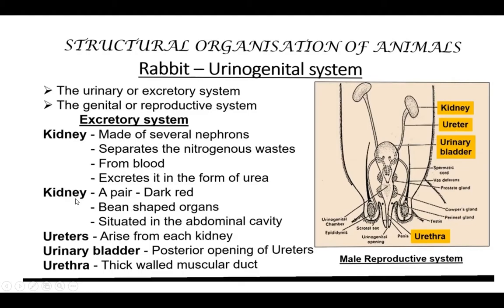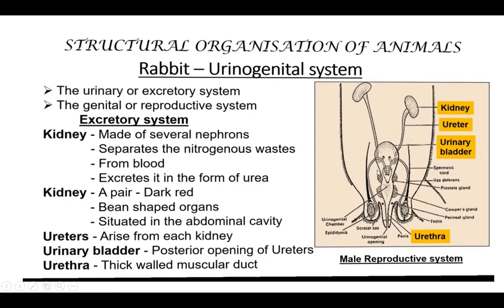Now let's see the kidney. There is a pair of kidneys, 1, 2. It is dark red in color. Bean shaped organ. Can you see, this is a bean shaped organ, located in the abdominal cavity. Next, ureters. From each kidney the ureters are arising, and the ureters are leading to the urinary bladder.